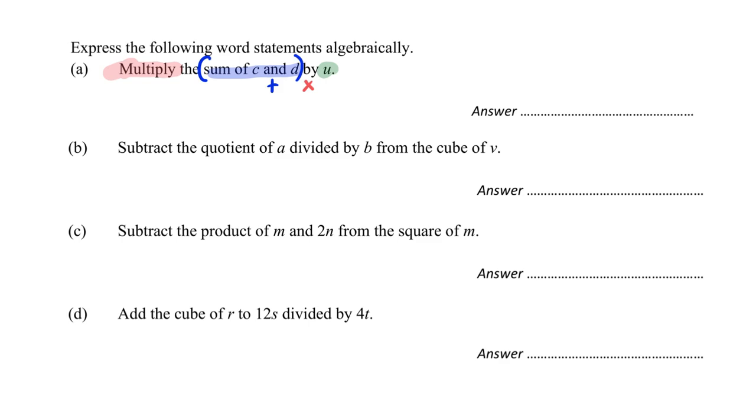I'm going to draw the sum is C plus D multiplied by U, and do take note, since U is just by itself, we usually write the U first, followed by the bracket C plus D.